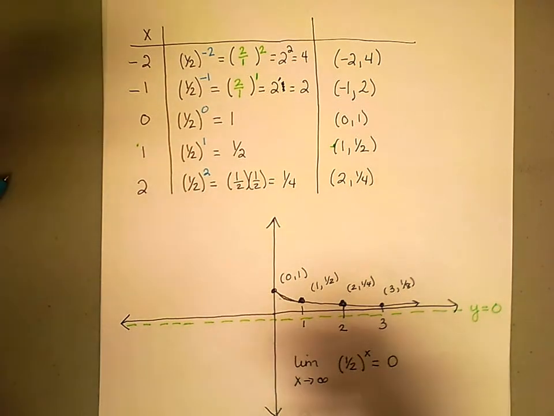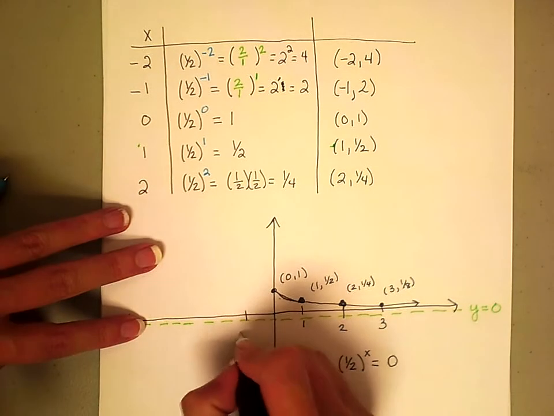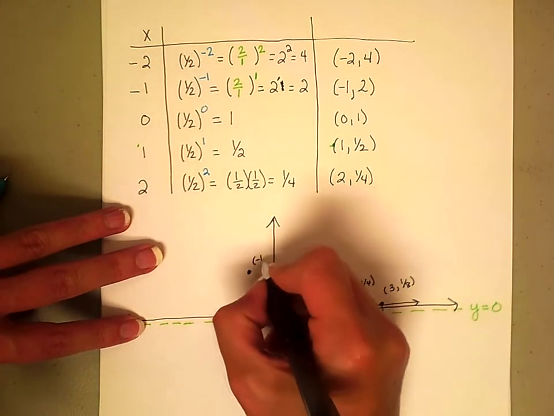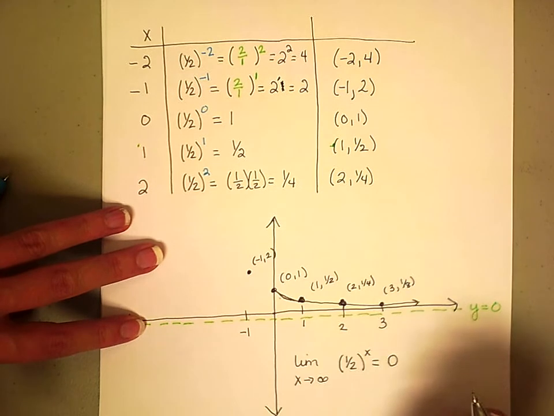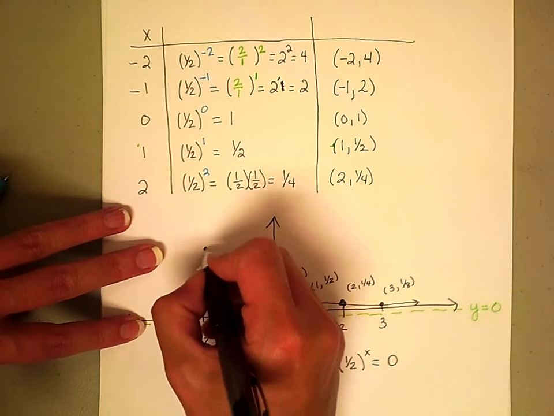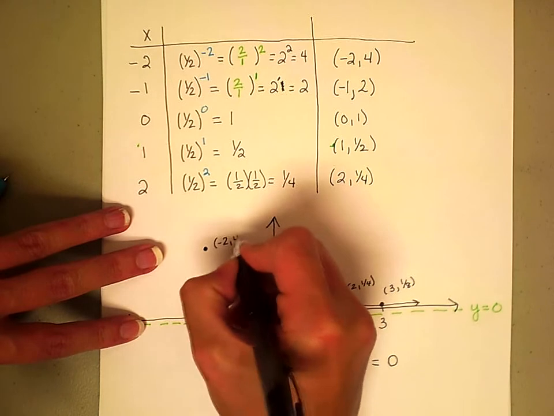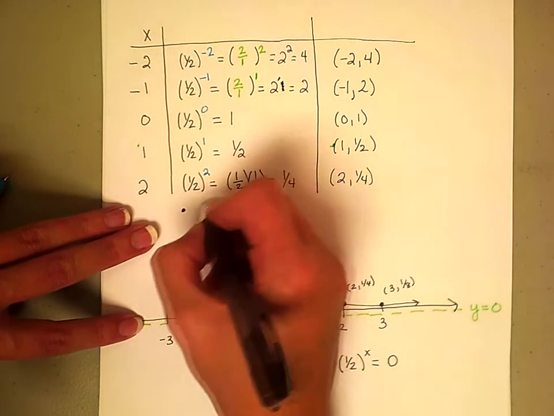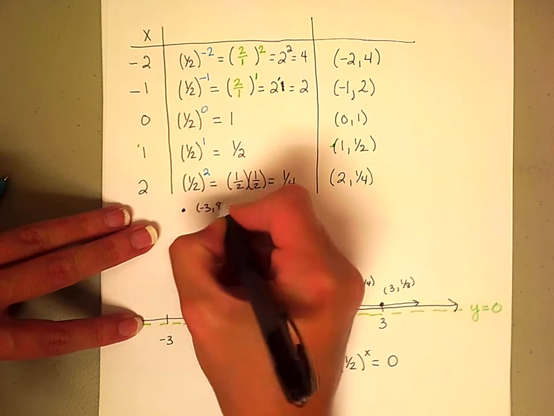Now let's see what happens when we go the other direction. At negative 1, the function took a positive value of 2. At negative 2, it took the value of 4. At negative 3, I hope you'll agree, it would have a value of 8.